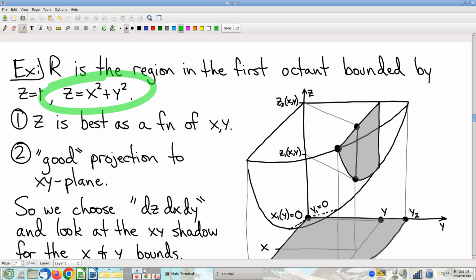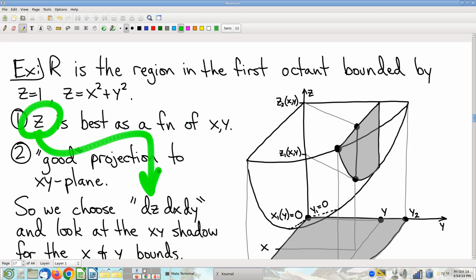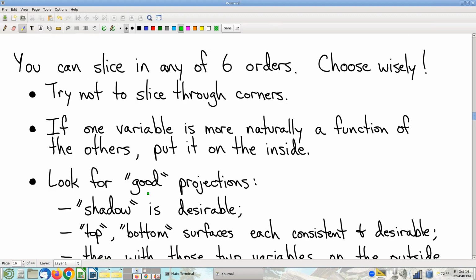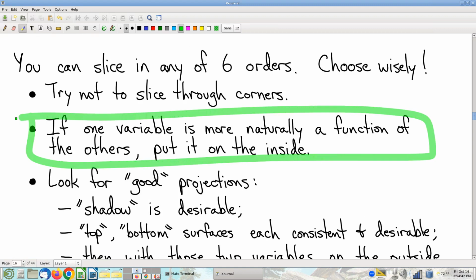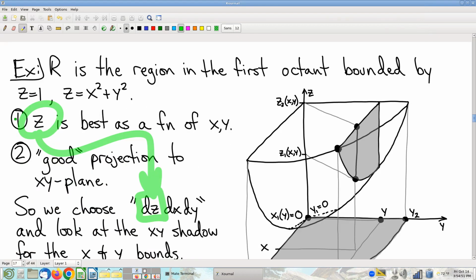So I think it's a pretty natural choice, because z is a function of x and y, let's choose to put the z on the inside. Everybody see my motivation there? This is just using this trick right here. Whichever one's a function of the others, if the option's available, put that one on the inside, like I did here.